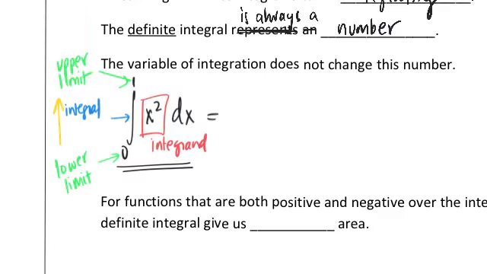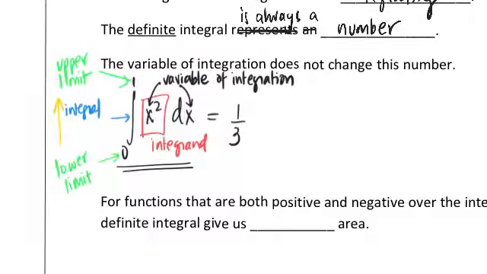And we just said, by the way, that this whole answer is 1/3, right? So the answer to a definite integral is always a number. This x, this variable, and this x always have to match, and that variable, whatever it is, is called the variable of integration.